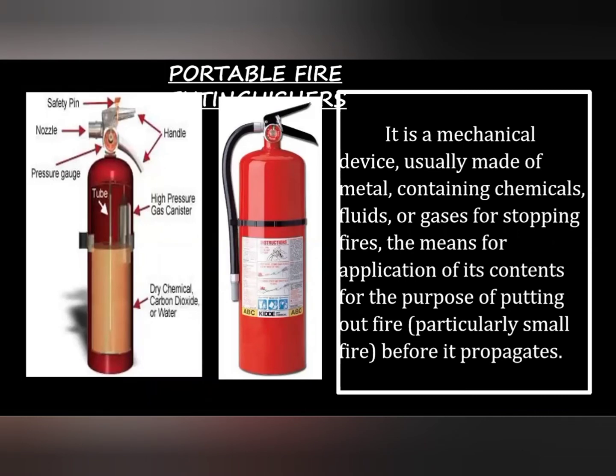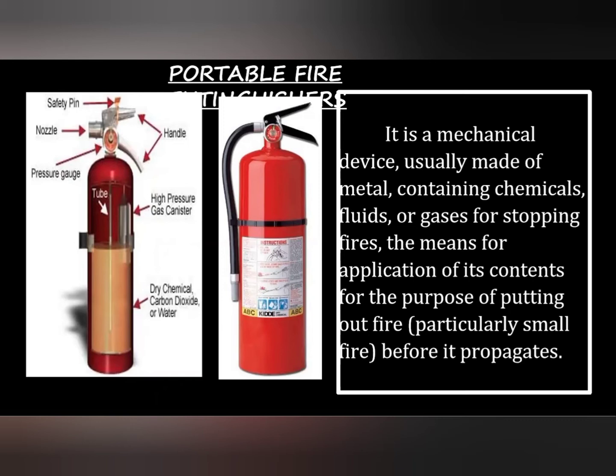So, what is a fire extinguisher? It is a mechanical device usually made of metal containing chemicals, fuel, fluids, or gases for stopping fires. It provides the means for application of its contents for the purpose of putting out fire, particularly small fire, before it propagates.